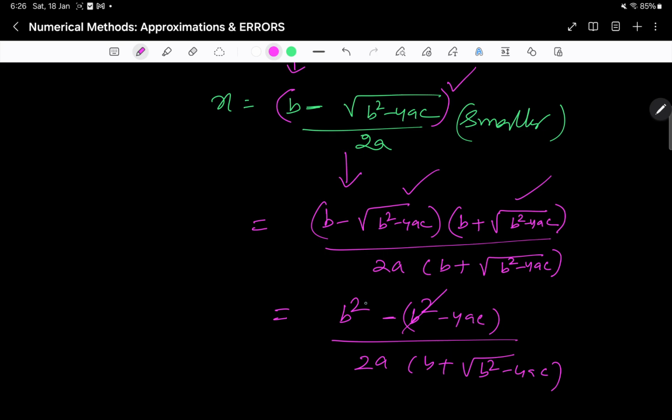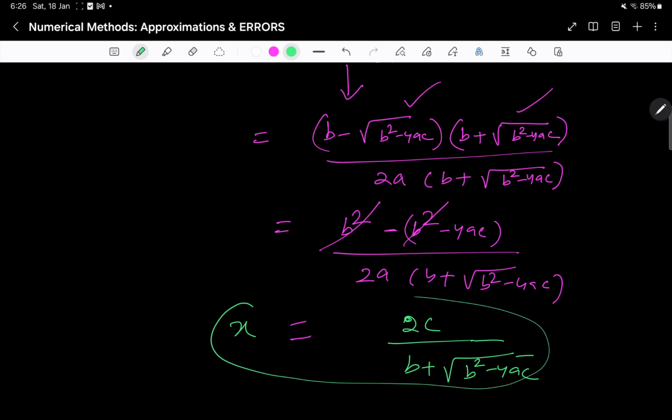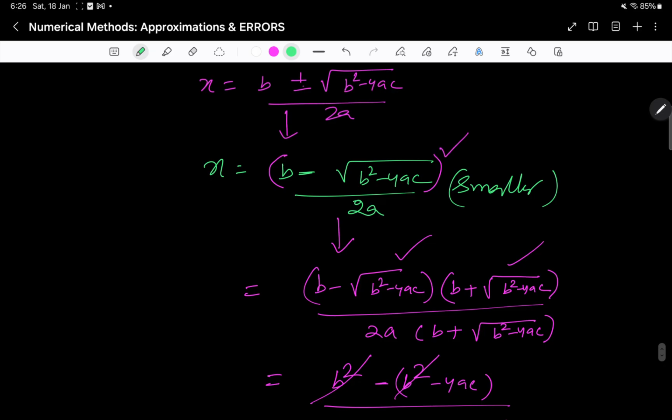Now this b square and b square cancel, and this will be 4ac, so it is 2c by b plus root over of b square minus 4ac. This is also my smaller root. Let it be equation double star and let the earlier one be equation star.